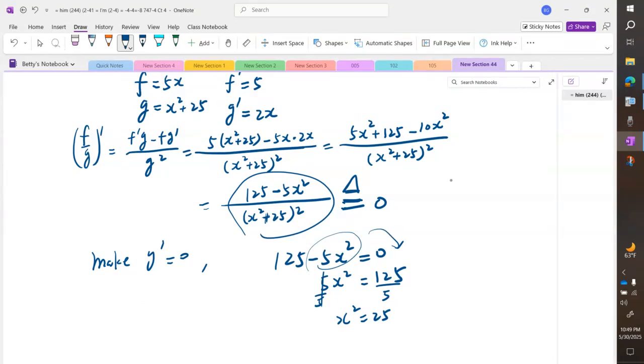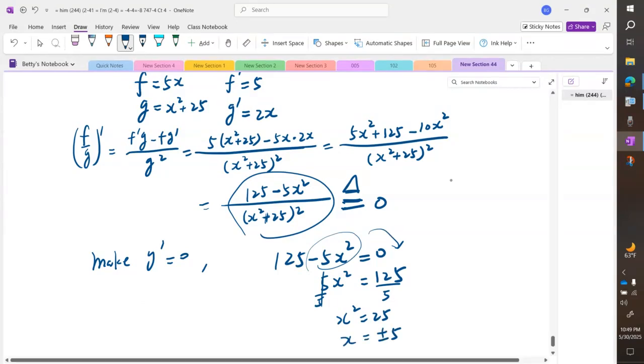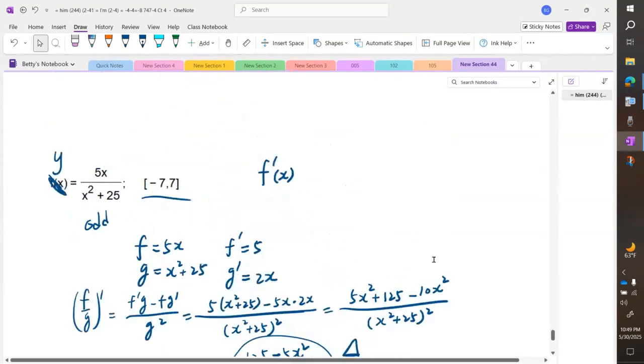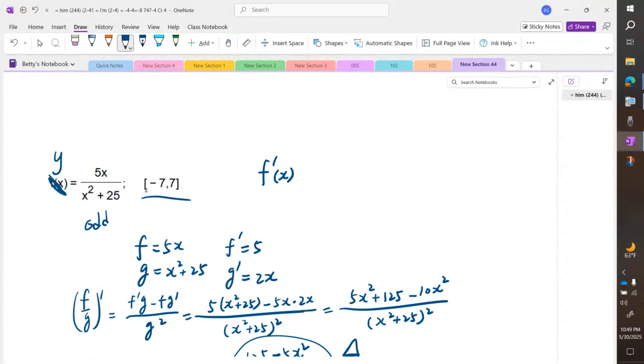So x squared is 25. x equals plus or minus 5. Okay, so we do have two critical values, -5 and +5. And we also have boundaries, right? So we're going to consider -7, -5, +5, and +7.